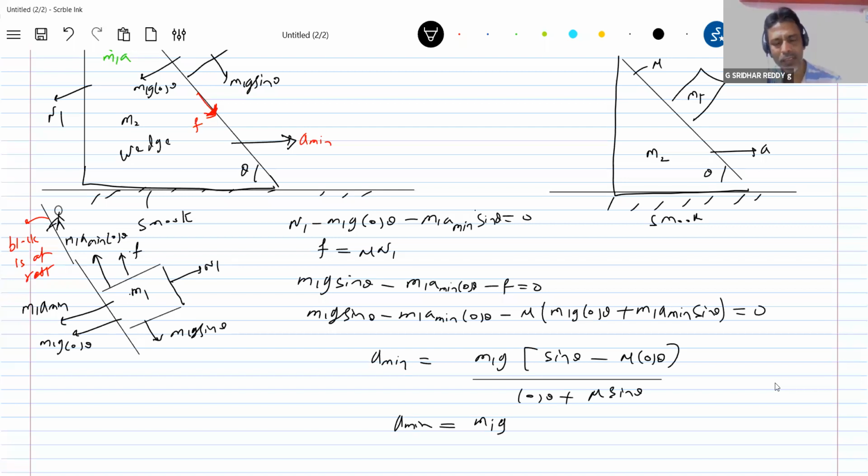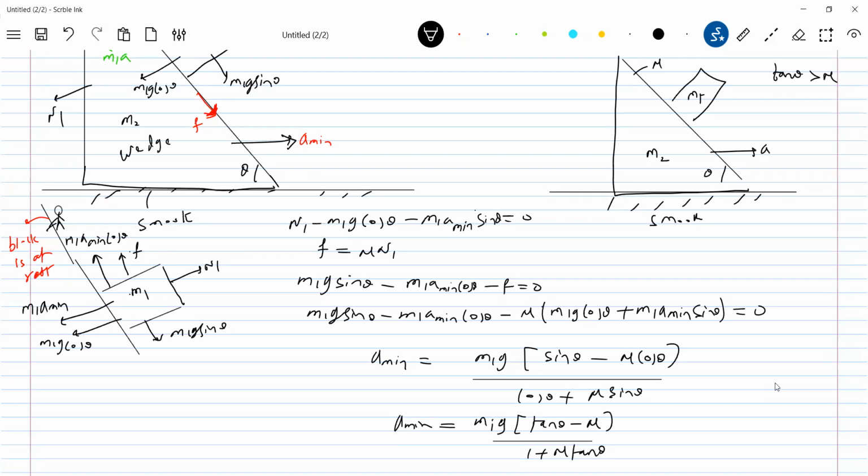So how much should this a minimum be equal to? Tan theta minus mu, divided by 1 plus mu tan theta. Sir, the mass will get cancelled. Yeah, m1 will not be there. Okay, fine.